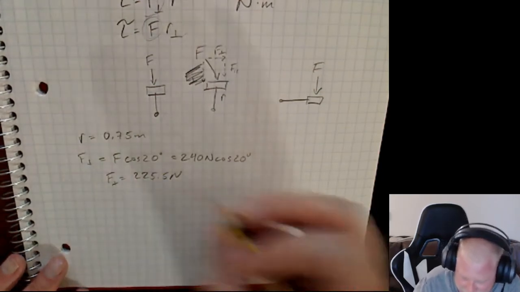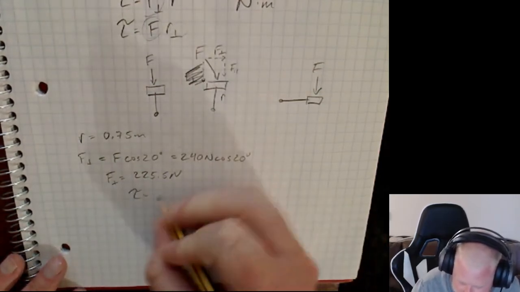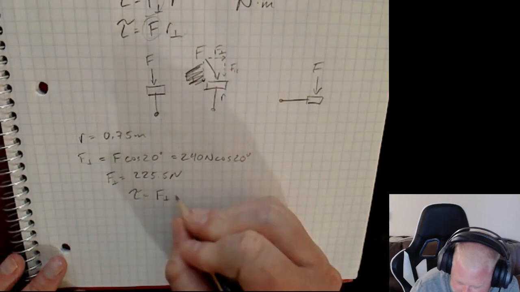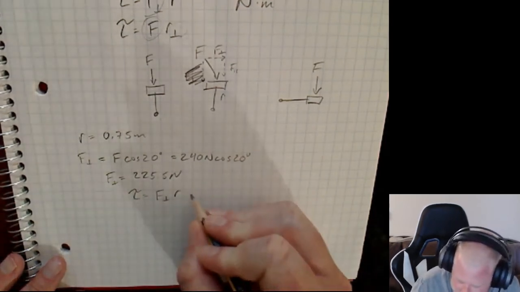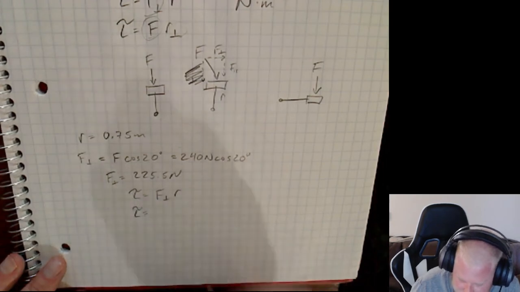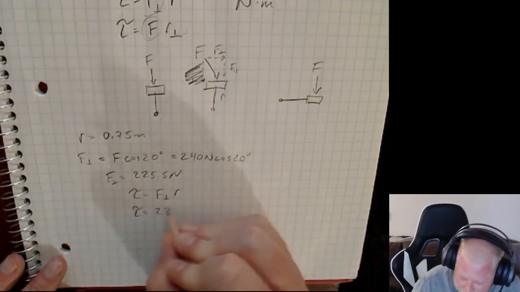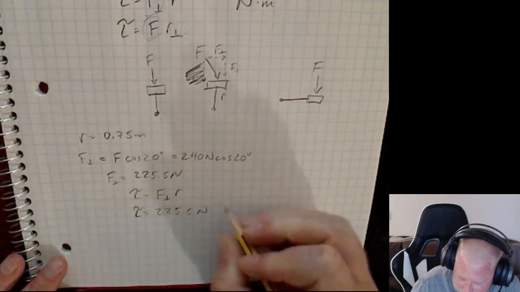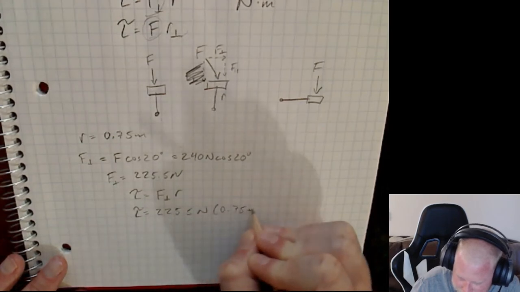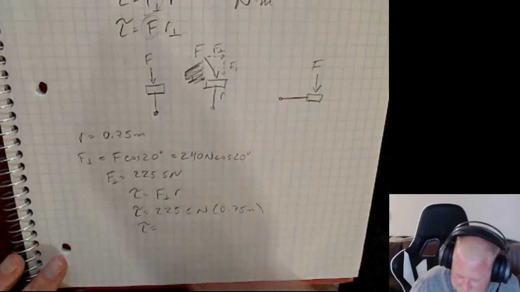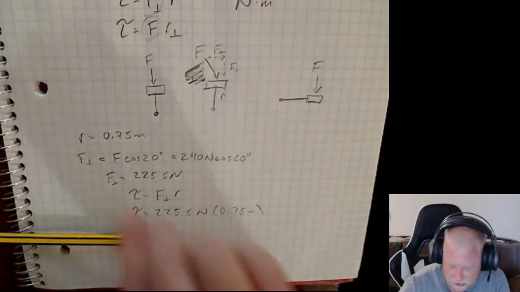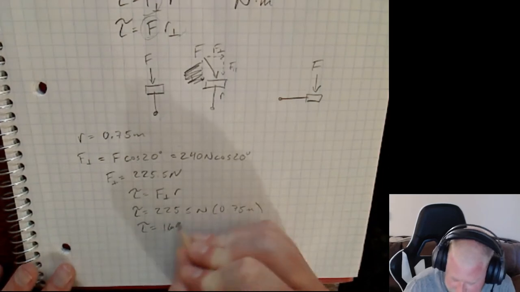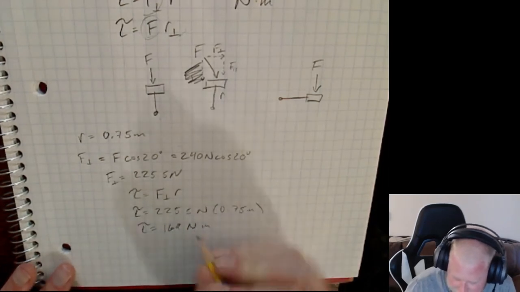So the torque is equal to our perpendicular component of force times the radial line. Alright, so torque is equal to 225.5 newtons times 0.75 meters, which comes out to 169 newton meters.